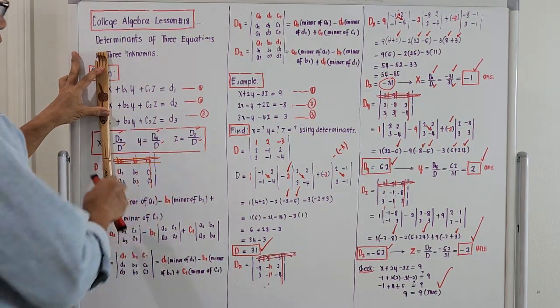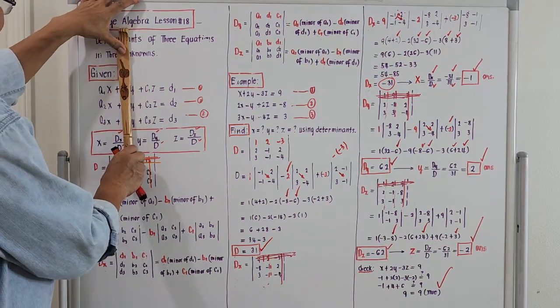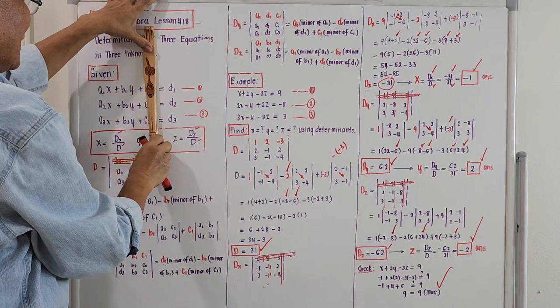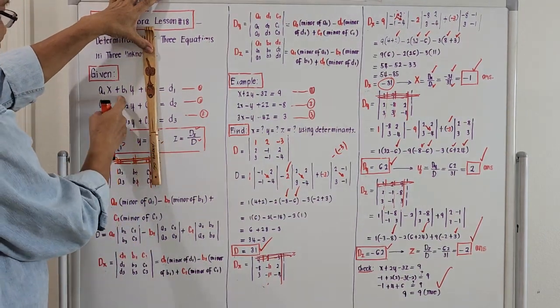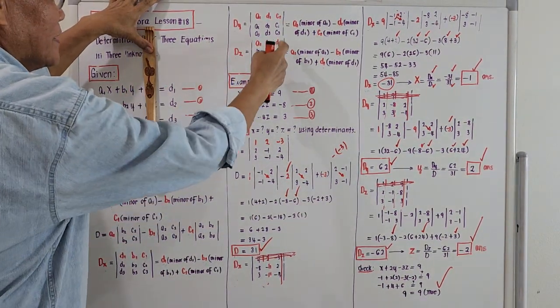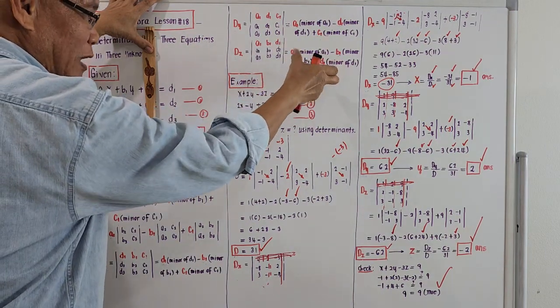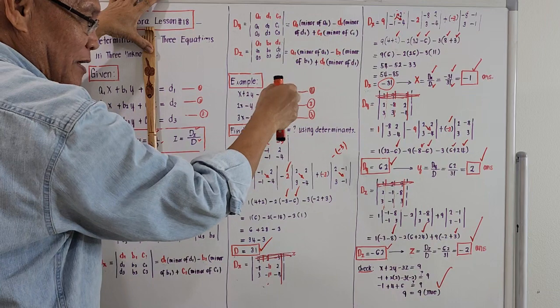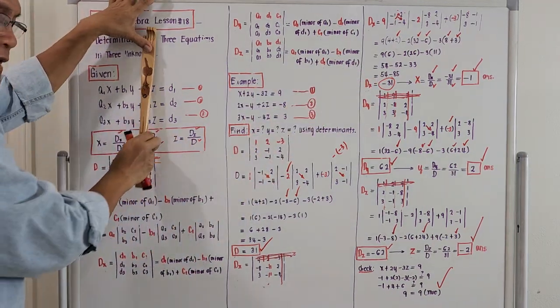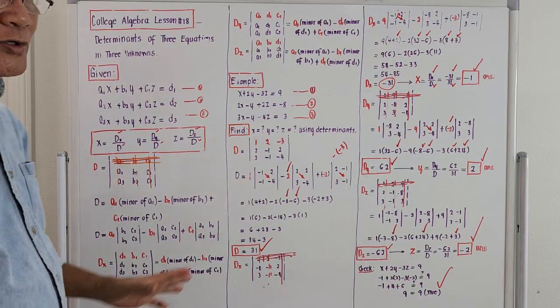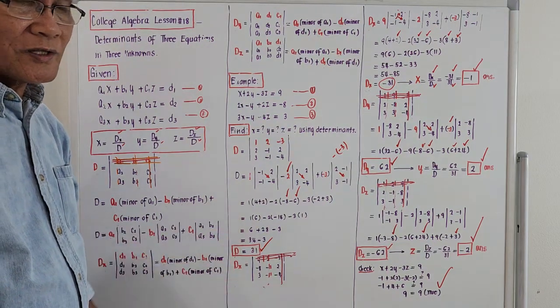For dy, it is in the orientation EDC, right? For dz, it is in the orientation ABD. So this is ABD. And for the computation of the minor, you now know how we bring out the minor simplification. Okay, that's it, guys. That's the solution of 3 equations and 3 unknowns using determinants.